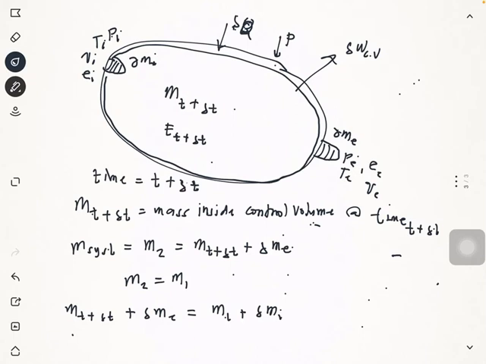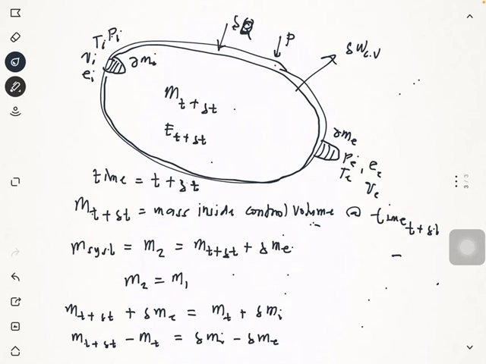We have mt plus an exact differential of t minus mt. We need to transpose this one, so this is mi minus an exact differential of me, or an exact differential of mass that is entering minus an exact differential of mass that is leaving.